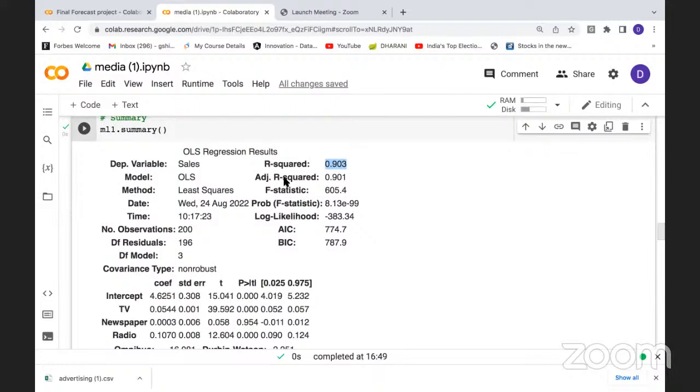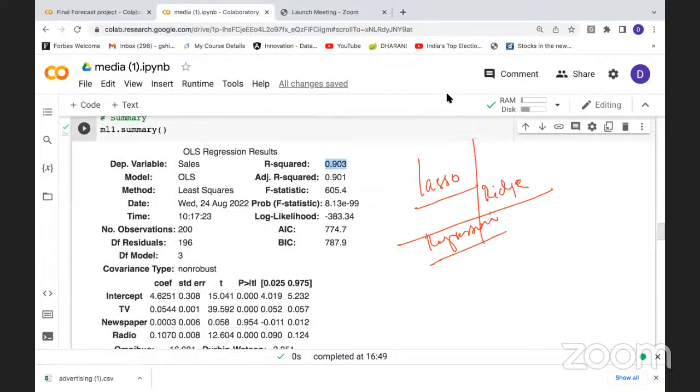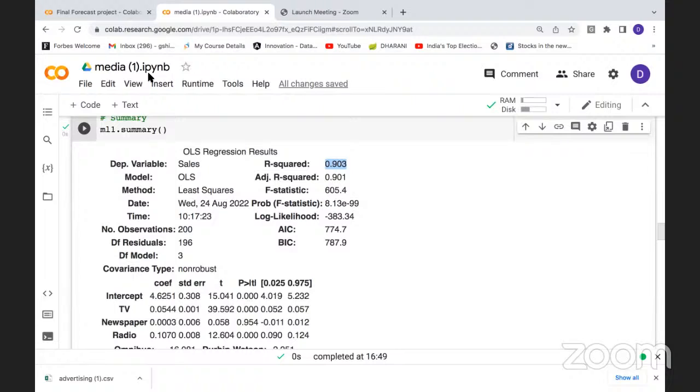But what it would drive is that the model overfits. The regularization technique we are using here is lasso and ridge regression. It is nothing but lasso and ridge regression techniques which will solve the overfitting, where it is going to penalize the effect, and now we have by default deleted newspaper.